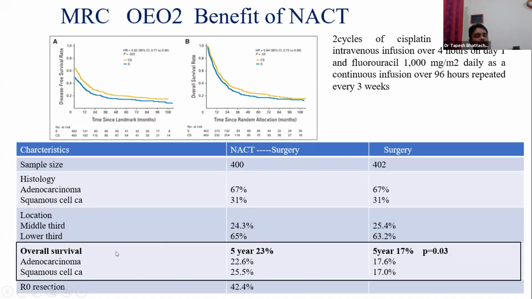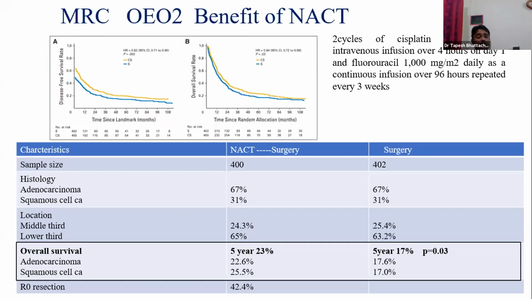So what was the benefit of neoadjuvant chemotherapy over surgery? The 5-year survival was 23% versus 17%. So there was an absolute benefit of 6%, and that was statistically significant. The P-value was 0.03. So from this trial, we got that neoadjuvant chemotherapy has a definite role before surgery in carcinoma esophagus.